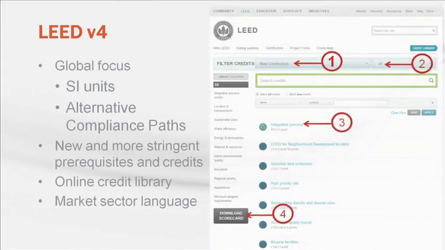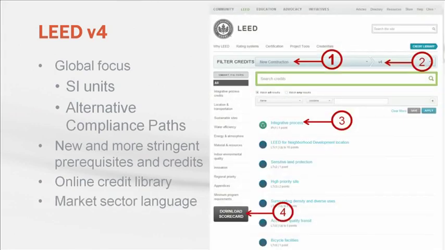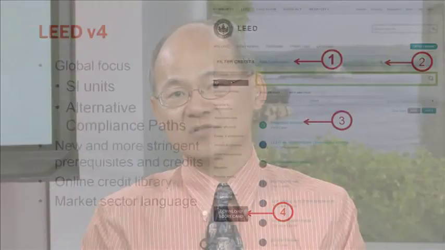And finally, LEED keeps on expanding into different market sectors. Market-specific language has been added to the various building life cycle rating systems. This allows consistency throughout different phases of the building life cycle.